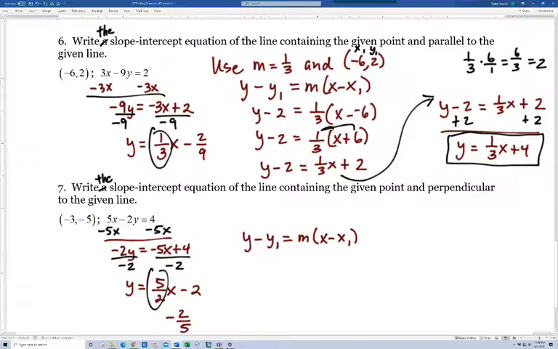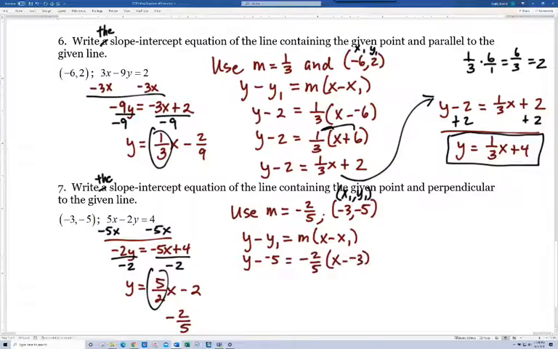And so now we can use negative 2/5 as slope with our point negative 3, negative 5. And so this is going to be y minus negative 5 is equal to our slope, negative 2/5 times x minus negative 3. And we could change this to y plus 5 is equal to negative 2/5 times the quantity x plus 3.